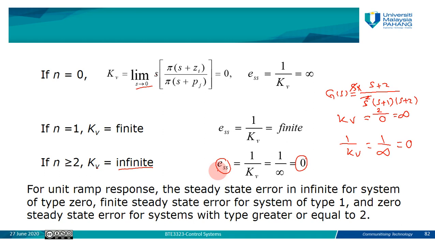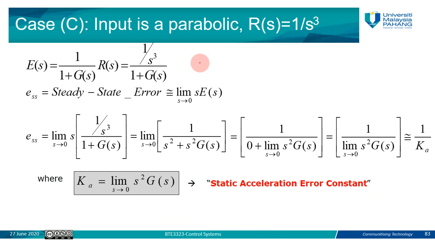The third case is that your input is 1 over s cubic. We said we have three inputs. The first input was 1 over s, and it gave you the first constant, which is kp. And for the three types of system, type 0, type 1, type 2, we already tested all three.